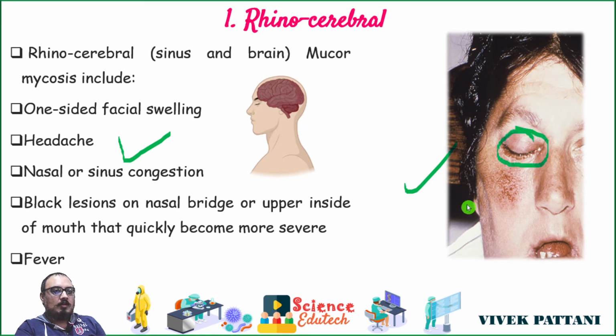These fungi are highly invasive. They eat up our tissues and spread to various parts of our body. As the infection progresses, the fungi invade blood vessels, which may lead to retinal artery thrombosis and visual impairment. This can be diagnosed using X-ray as well as CT scans.